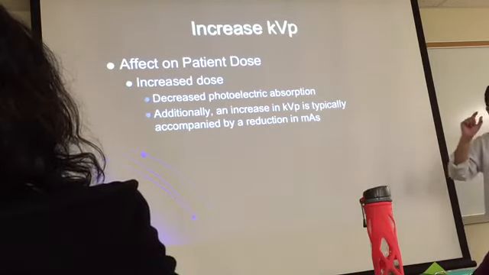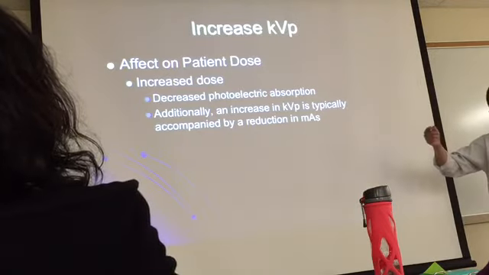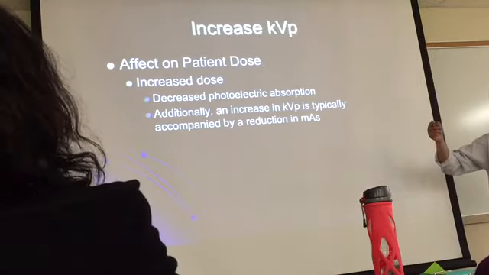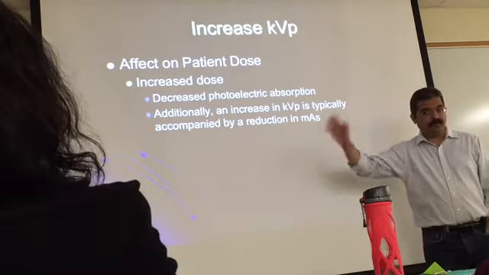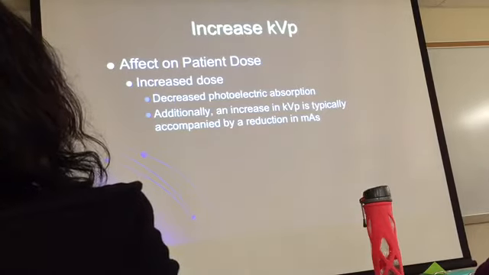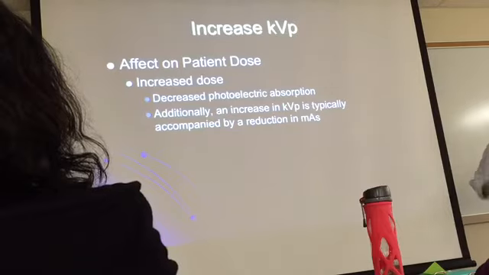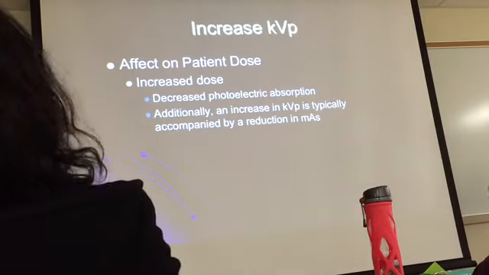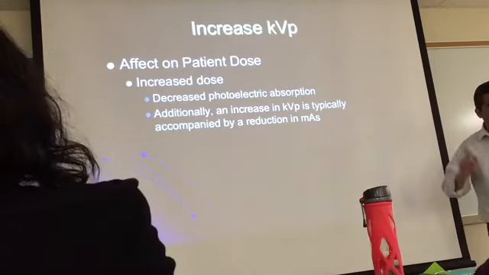With mAs, to do the same, you need to double the mAs, which doubles the exposure. So when you change one or the other, it's recommended to change kVp because the increase in exposure will be less than if you were increasing mAs proportionally.